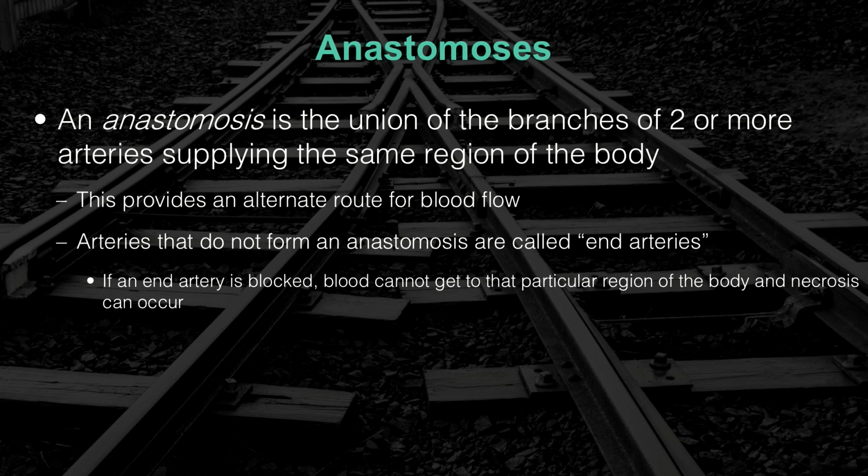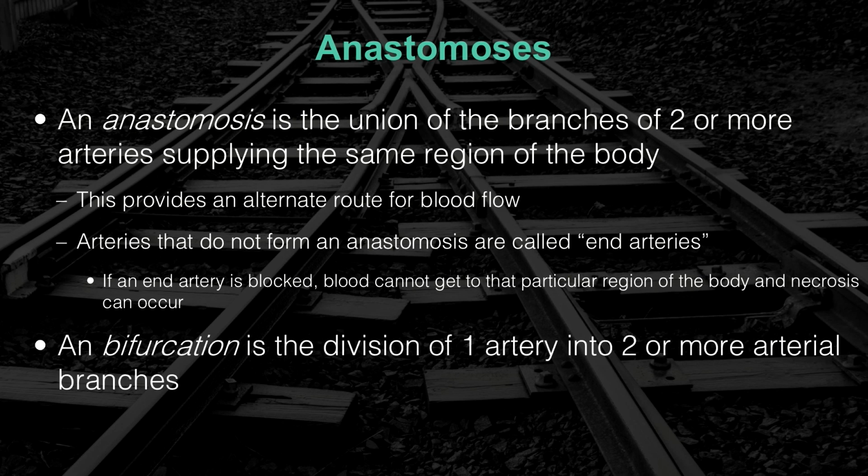Now the flip side to this: if instead of merging an artery branches, which is very common on the arterial side, we'd call that a bifurcation, the division of any one artery into two or more arterial branches. This is much more common on the arterial side, especially as you get into smaller and smaller vessels.